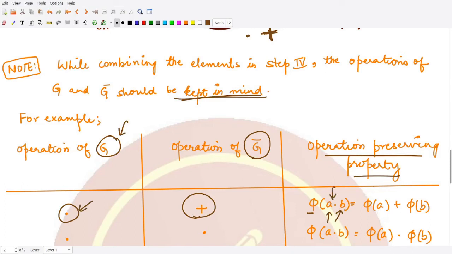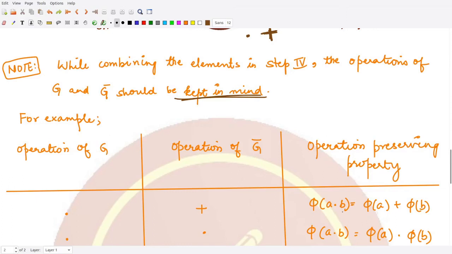Next, we write phi of A and phi of B, and here we have to apply the operation of G bar, which is plus. So we are adding phi of A and phi of B. This is the operation preserving property when the operation of G is multiplication and G bar is addition.